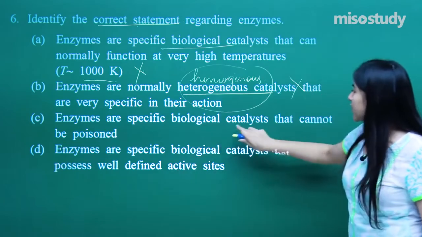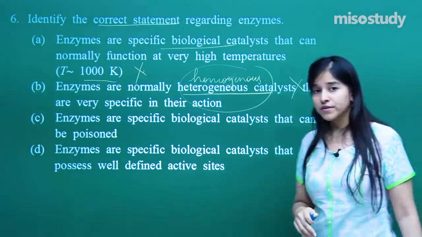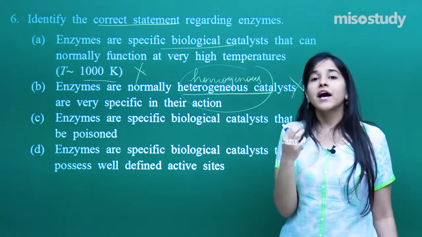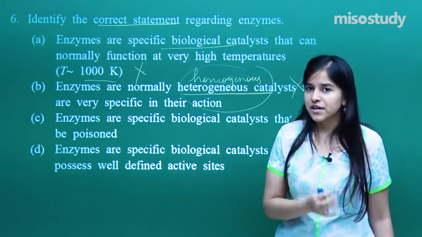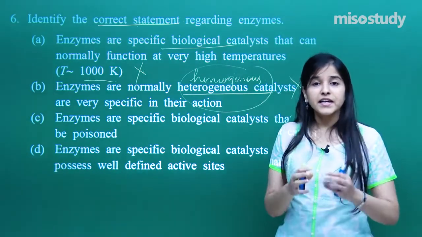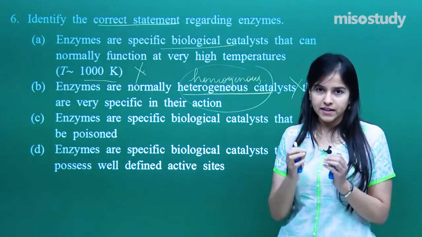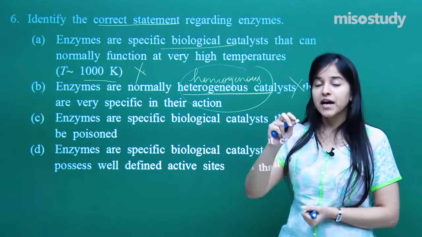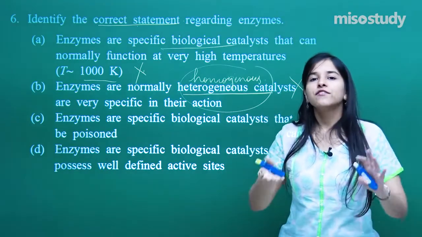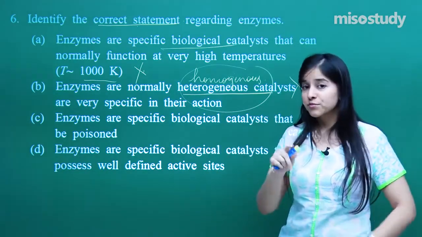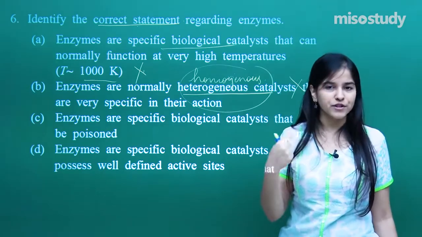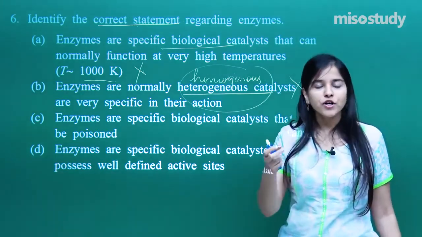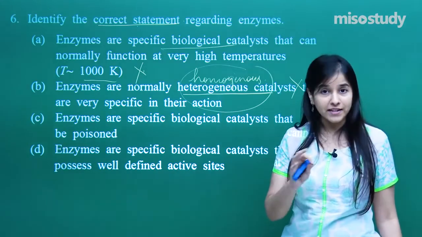Enzymes are specific biological catalysts that cannot be poisoned. They can definitely be poisoned. If you have read the chapter on chemistry in everyday life, there are a lot of medicines available which try to modify the function of an enzyme. That means we are poisoning the enzyme within the body in order to treat a condition, or to alter the way of that enzyme.